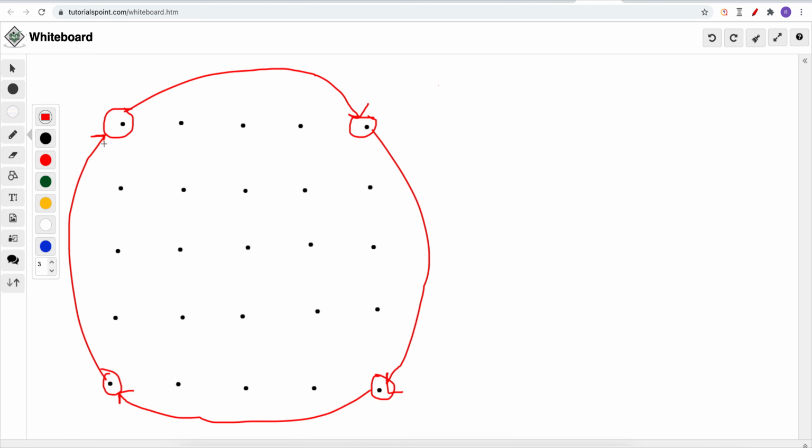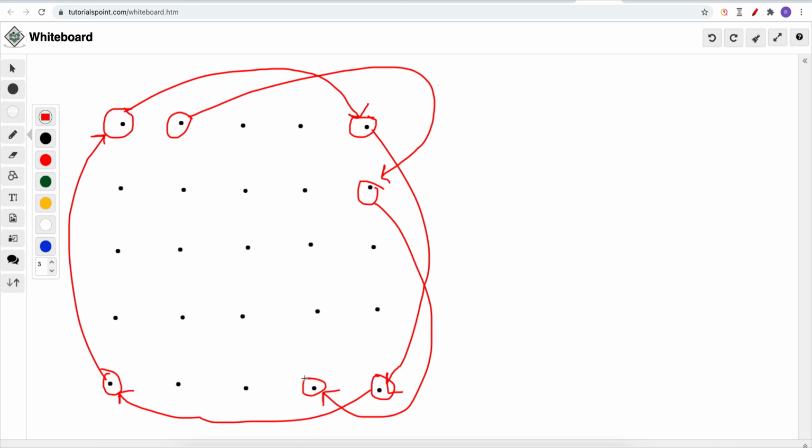This is for the first node. For the second node, this node goes to this position, this node goes to this position, and similarly this node goes to this position. Similarly the third node.